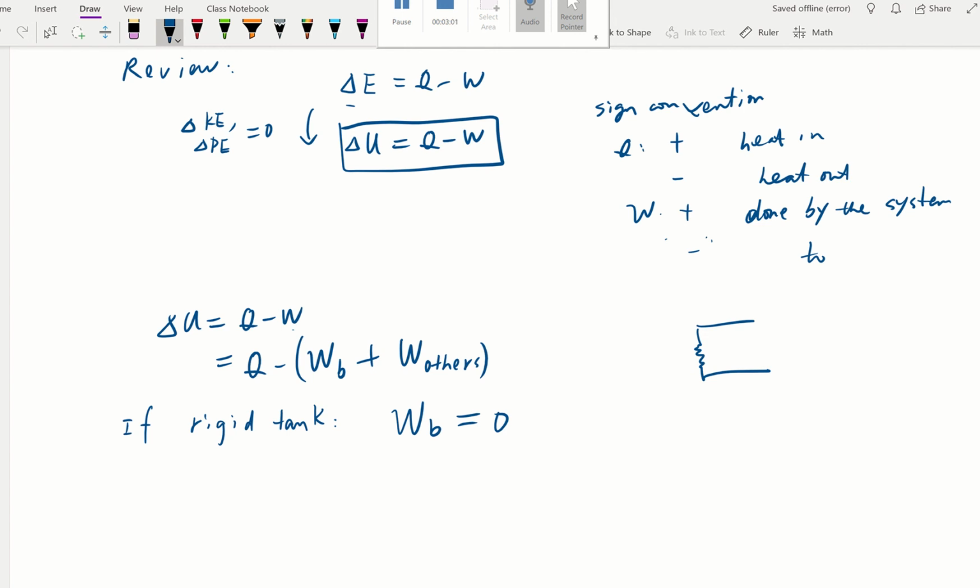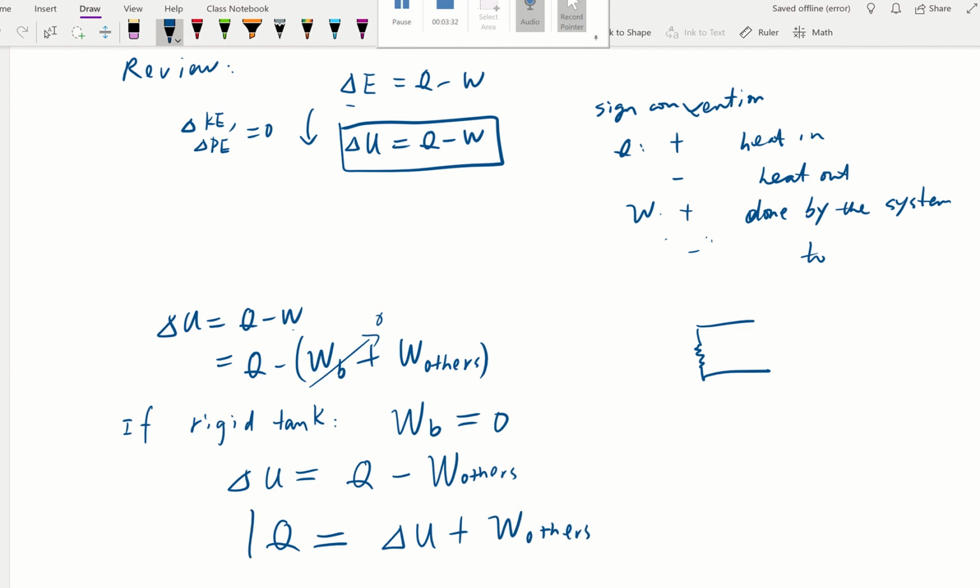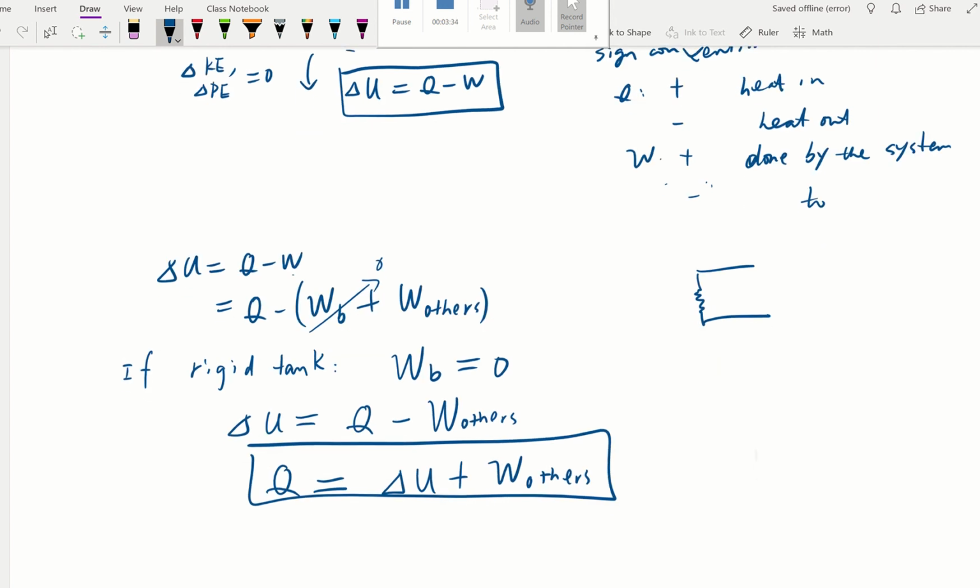So then delta U, the internal energy change, will be equal to Q minus other work. If we move Q to one side, the heat transfer Q will be equal to delta U plus other work.